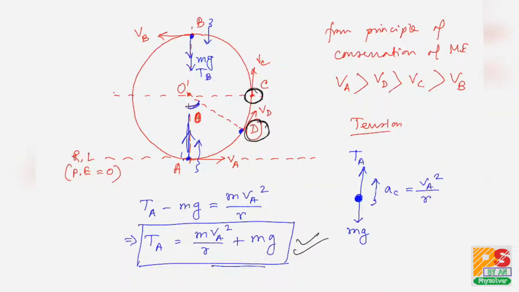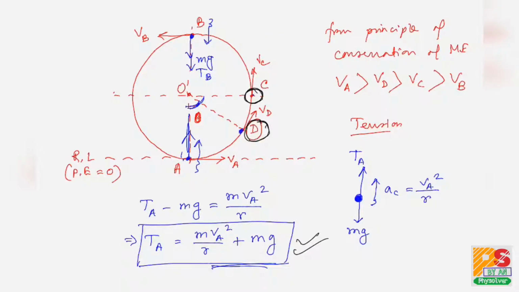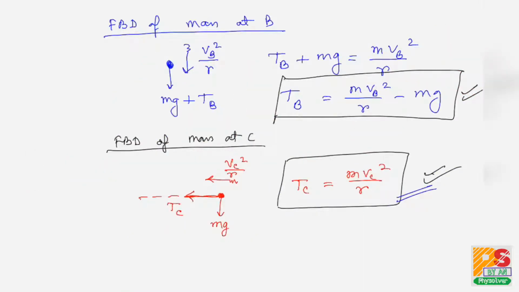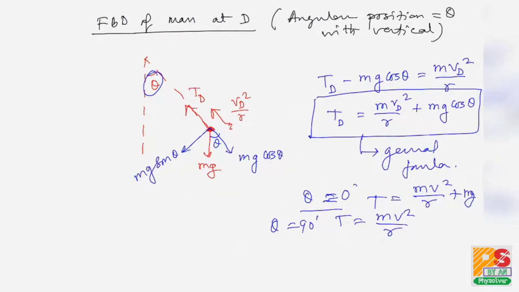Now see, this is the same formula as tension at A. And if I go to C, then theta will be 90 degree. So if theta equals 90 degree, I can get the formula at point C, right? At point C, this is the tension at C. And similarly at B, the angle is 180 degree. So if theta is 180 degree, this tension becomes mv square by r minus mg, because cos 180 is minus 1.